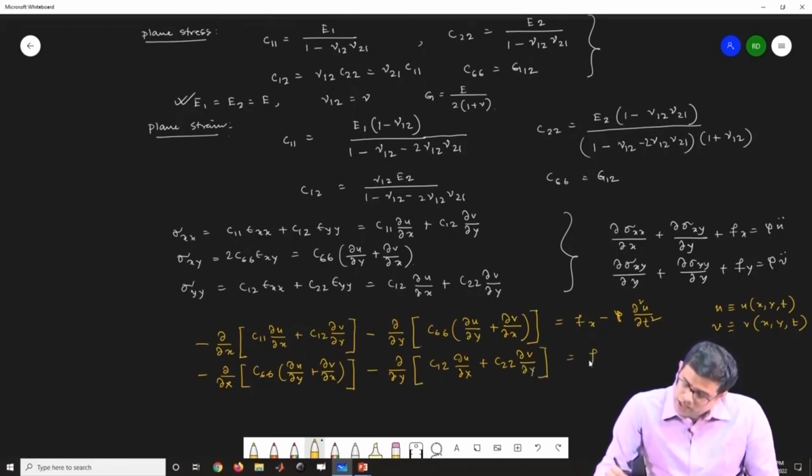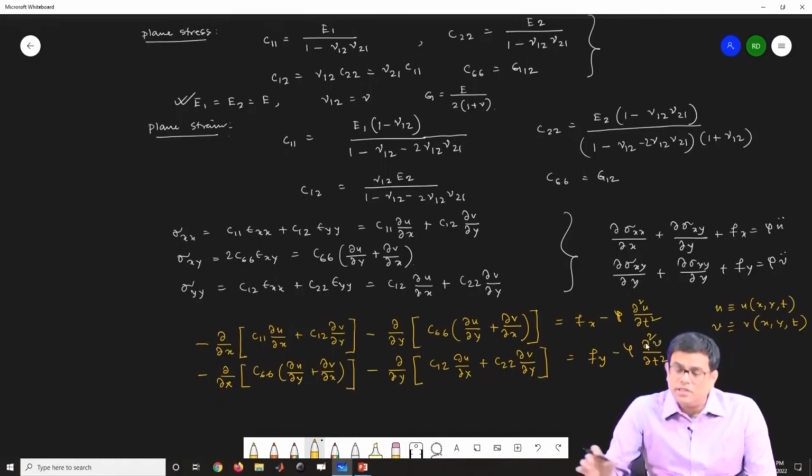This will be your fy minus rho del 2 v del t square. So that's the inertia term. If there is damping, then you have to have a damping term too.